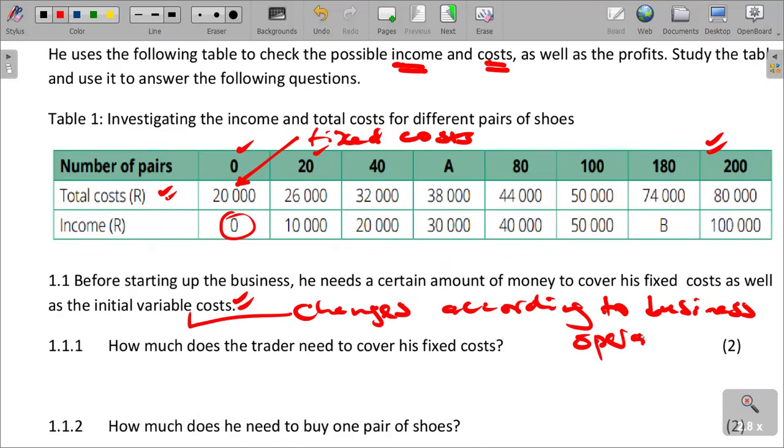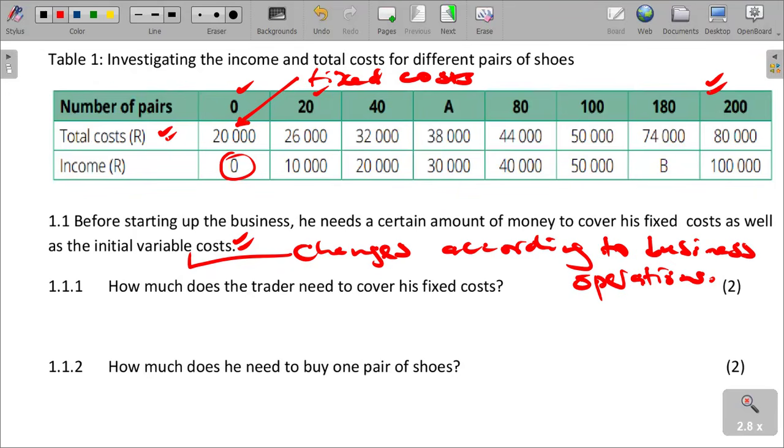Variable costs vary, they respond according to the levels of business operation. So here we are asked how much the trader needs to cover his fixed cost. Like I said, fixed costs are costs that are readily available from the point that the business is running. So the total cost at 0 pairs of shoes, we can see that that is the fixed cost.